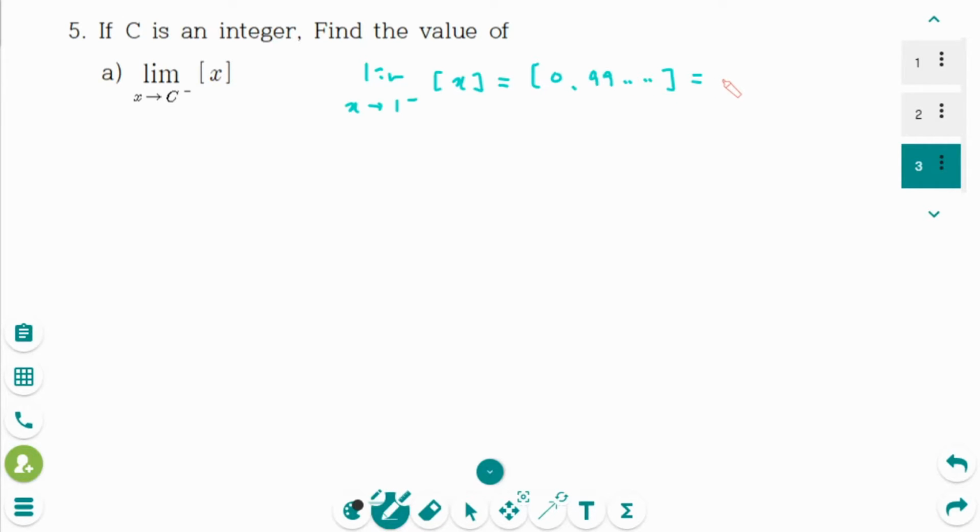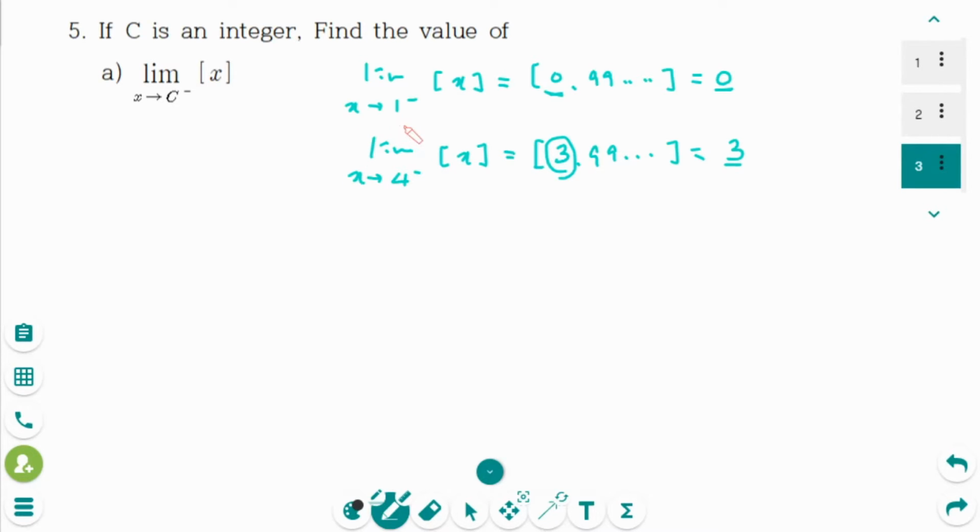It's positive number, then just take the integer part. This answer is 0. And then limit as x approaches 4 from the left side, greatest integer function equals the same. It's not actually 4, it's less than 4. So 3.99999. Just take the number 3.